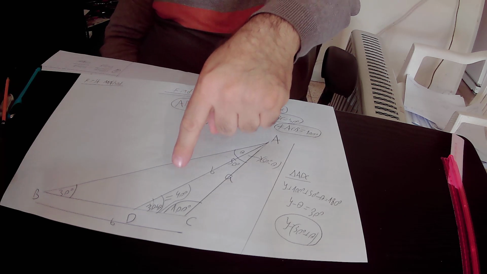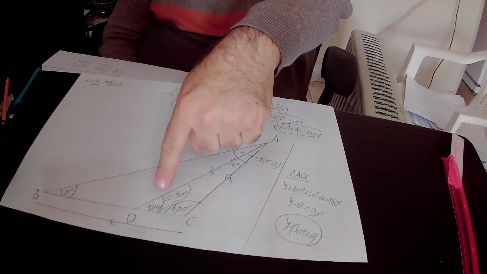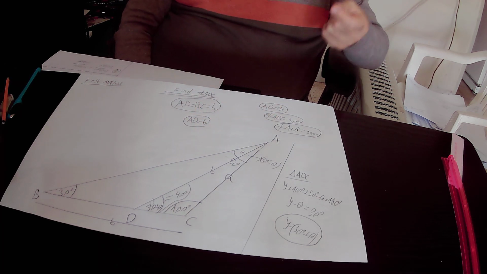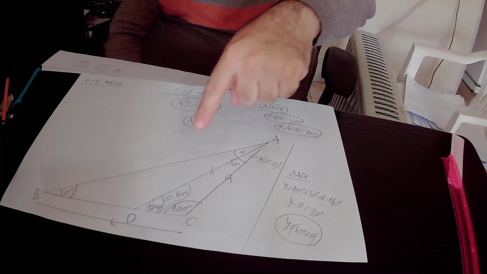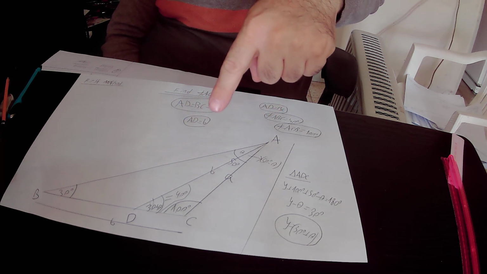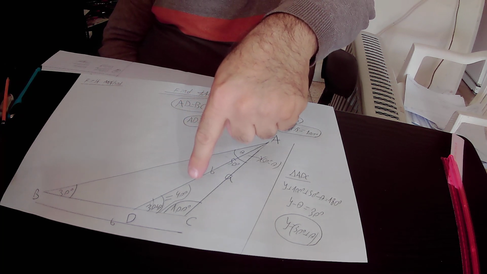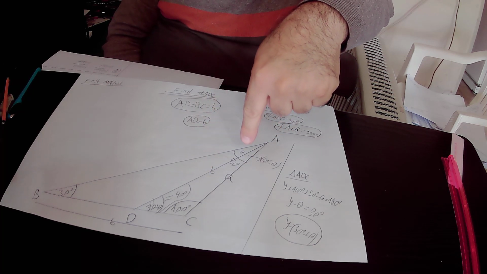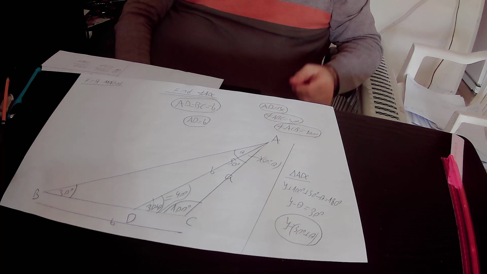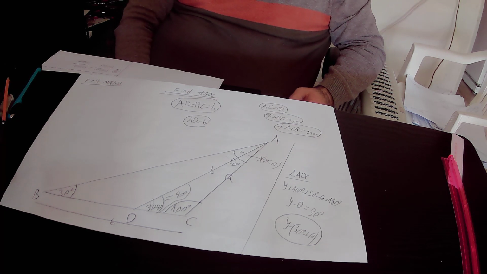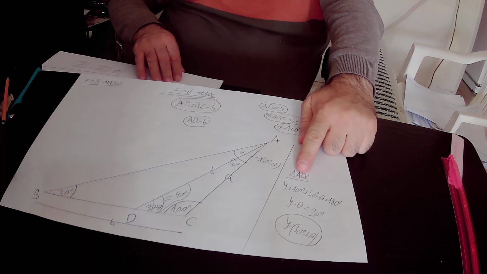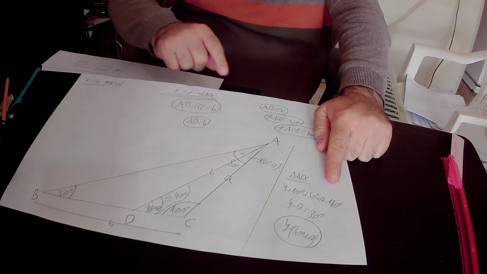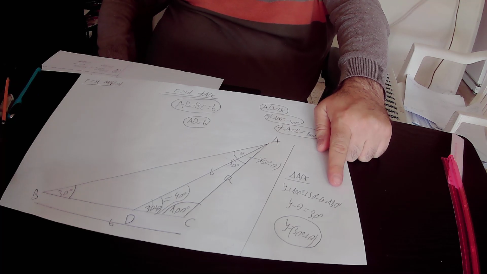Then we defined this angle, the angle that we are looking for, as angle y, and we know that the sum of the angles in triangle ADC must equal 180 degrees. That is to say, angle y plus 100 degrees plus 50 degrees minus theta must equal 180 degrees in triangle ADC.